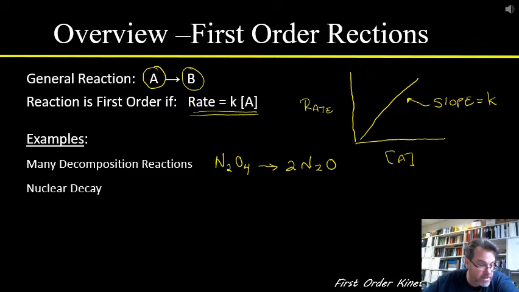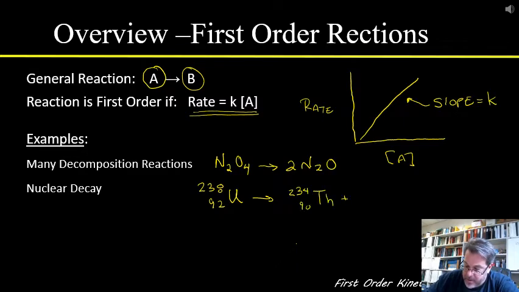Nuclear decay processes, for example, the decomposition of uranium, right? We haven't talked about nuclear reactions in this class yet, but uranium can spontaneously decompose to make thorium, and when it does, it gives off a little helium nucleus.